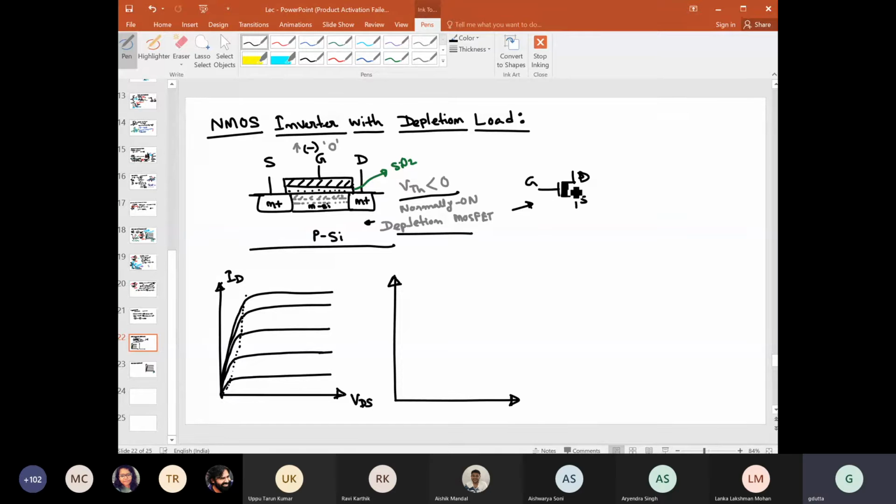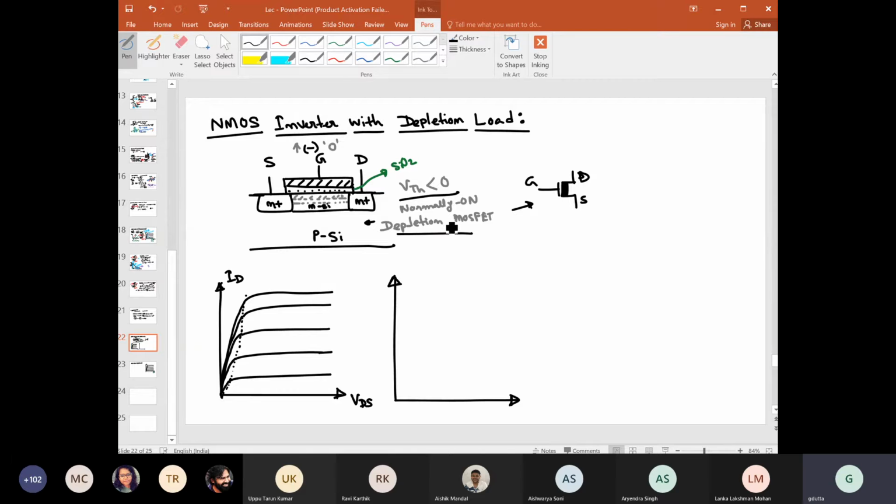So this is the circuit symbol. In this case, if I draw the ID versus VDS characteristics for this, then if it is a normal MOS, meaning enhancement mode MOSFET, you know the threshold voltage is positive. So obviously this will start from some positive value, maybe plus 0.5, plus 1 volt, plus 1.5, plus 2 volt, plus 2.5, like this. But this is the depletion mode MOSFET, right?